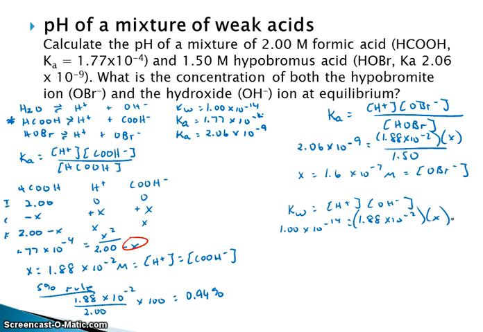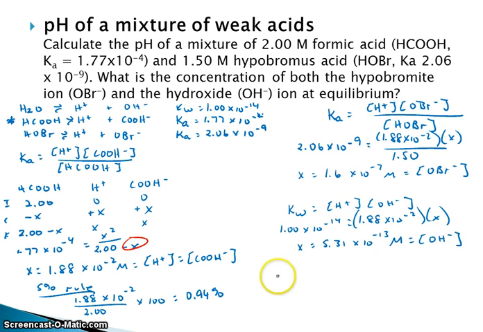We'll divide both sides by 1.88 times 10 to the minus 2, and that'll give us X equals 5.31 times 10 to the minus 13. And that's going to be our concentration of hydroxide ions in our mixture of weak acids.